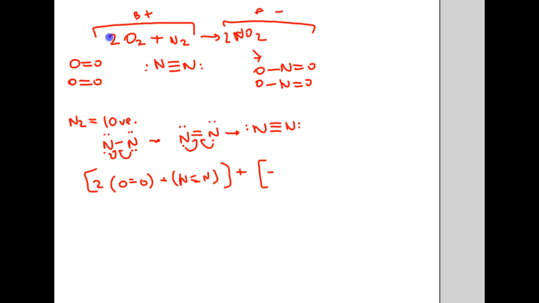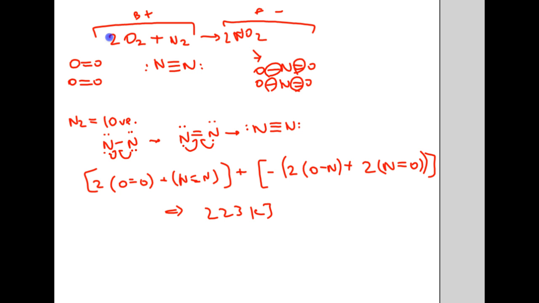Your negative of 2 ON bonds, or NO bonds, either way, 1, 2, plus 2 N double bonded O, or O double bonded N's. And all you're doing is taking the minus of that. And what you should get at the end is 223 kilojoules positive.